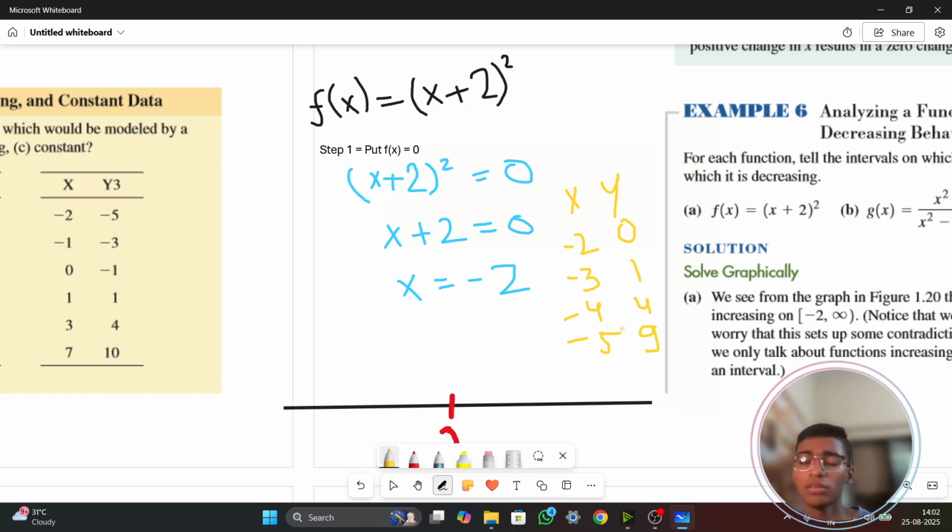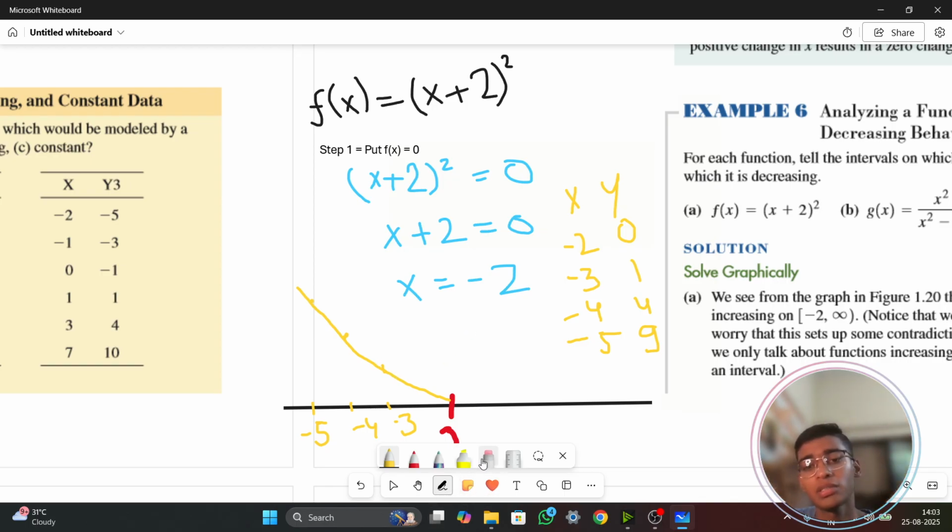So at minus 5, I am getting 9 here; at minus 4, 4; at minus 3, 1. If you join these points, you can see it approaches 0 at x equals minus 2. So you can clearly see that this function is decreasing from minus infinity to minus 2.